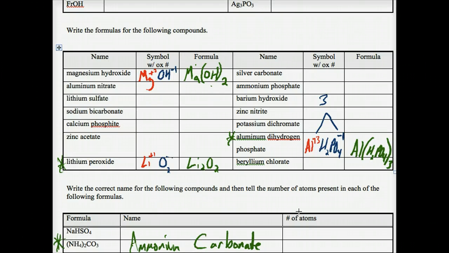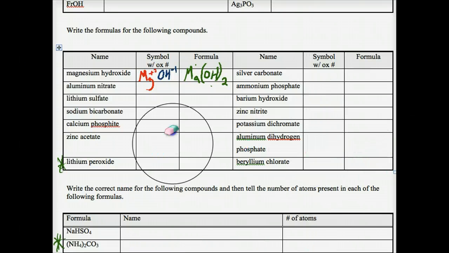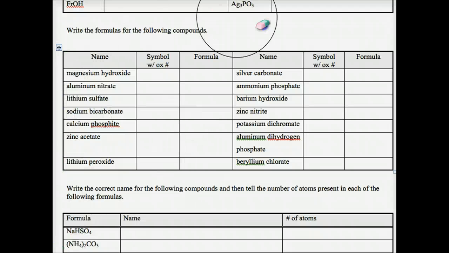Let's count the atoms: NH4 has 1 plus 4 is 5, times 2 is 10, plus 1 from the C, and then 3 from the O, altogether 14 for my total ammonium carbonate. Again, it goes to show that we've really progressed from our binary systems. We're seeing a lot more atoms in our compounds.